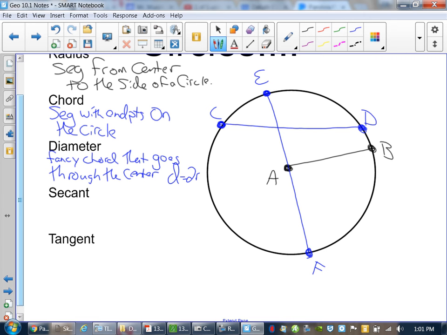They're all the same. Just in case you forgot, every single radius of a circle is congruent. All radii are congruent in a circle. All radii will be congruent within a circle. This is plural.